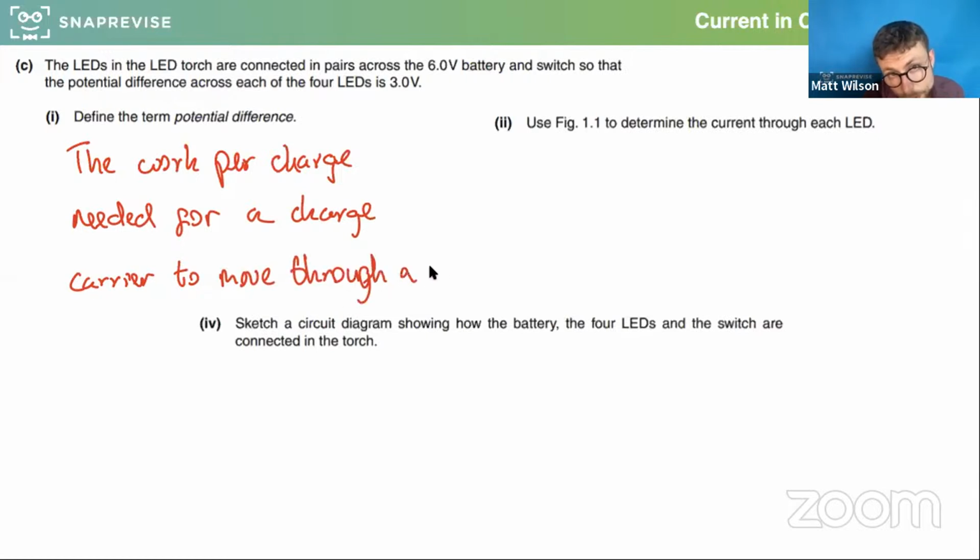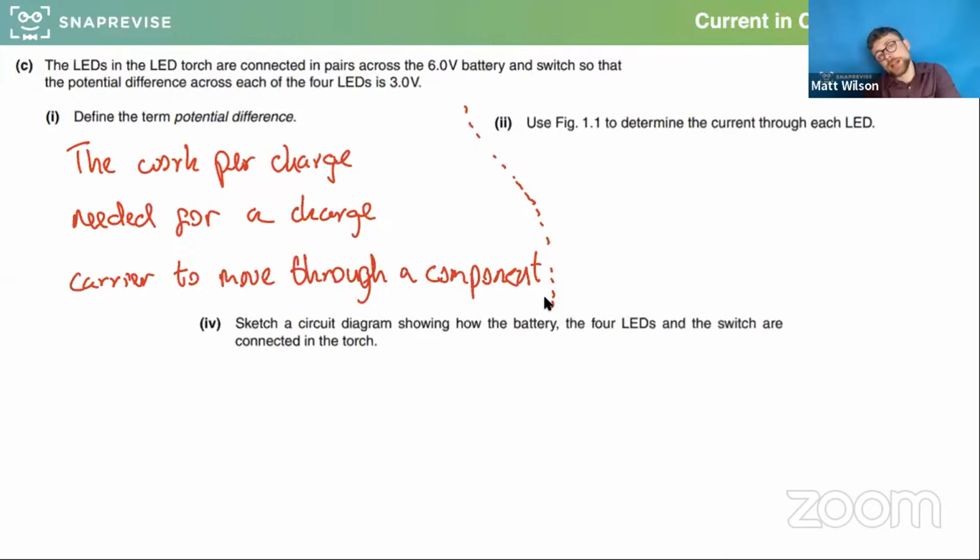Looks like my writing's a bit big there. We've kind of leaked into the next question. That's no worries. There we go. We'll just separate them like this. Okay, good. So you're absolutely right. It's change in energy per time or work done per time to go through a component.